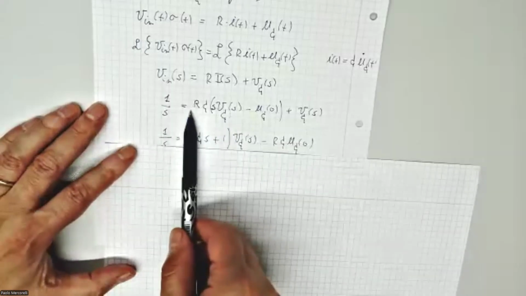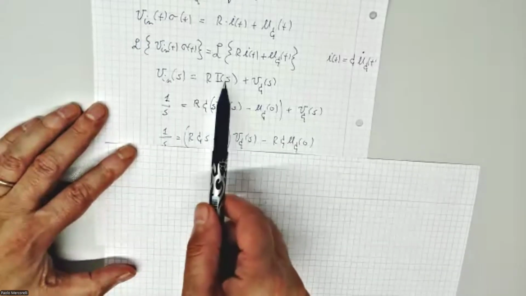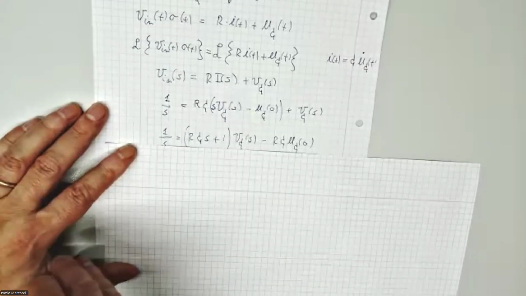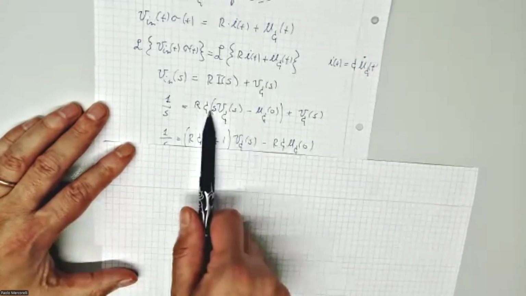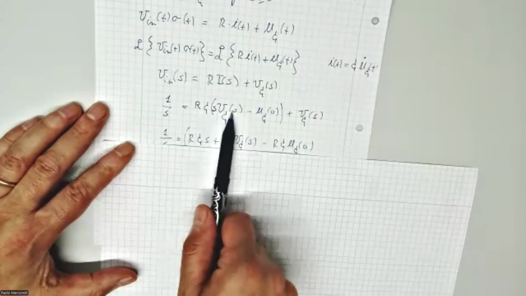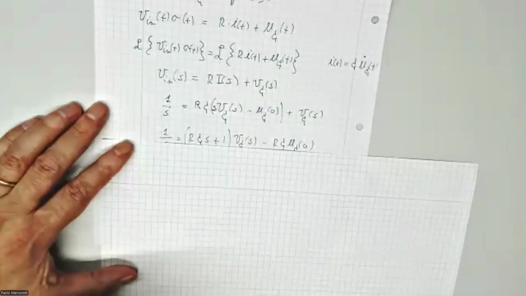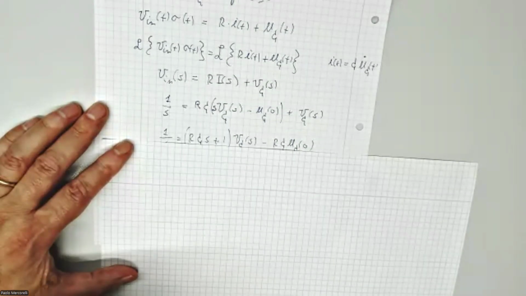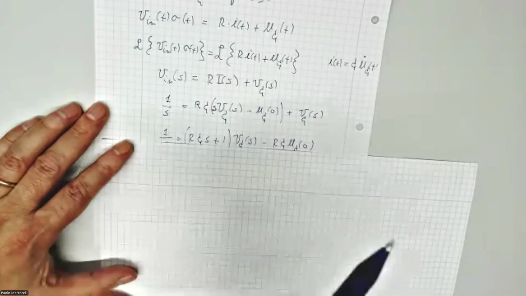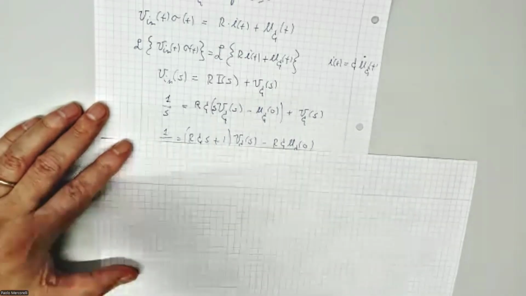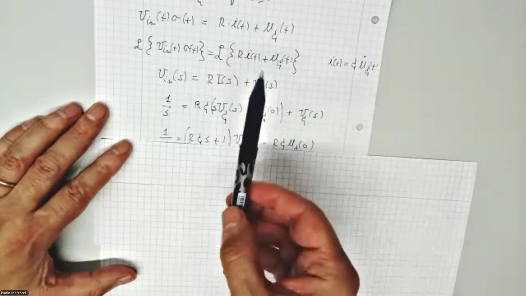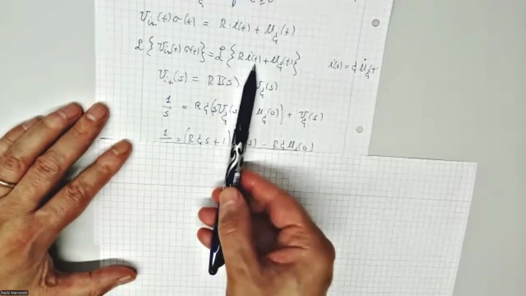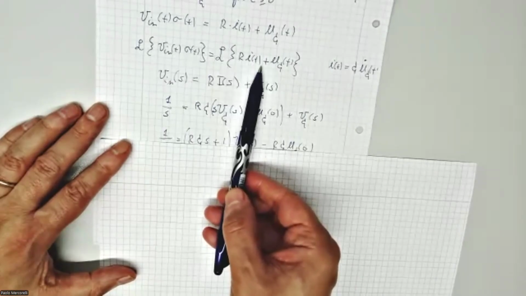Now we can see here that if you transform the current in Laplace, in UC of Laplace, we have exactly C multiplied by S times UC of S, because the current is C times the derivative of the voltage. The lecture before, I wrote directly C multiplied by the UC derivative.